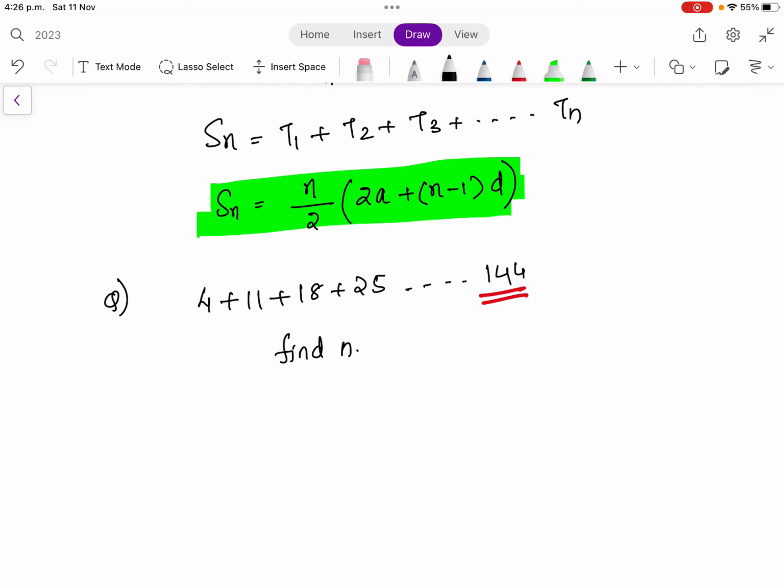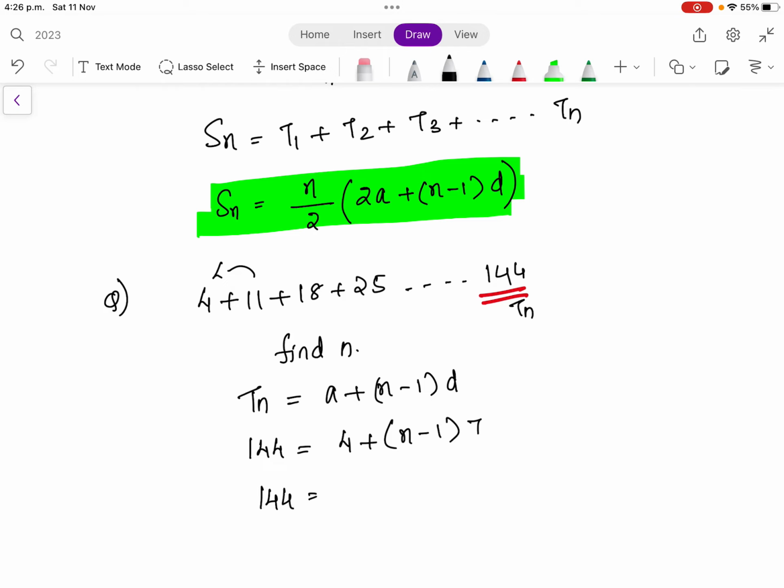How will you find n? We have the formula for Tn, which is a plus n minus 1 into d. So I can say that this is Tn. So 144 is equal to a, which is 4, plus n minus 1 into d. What is d? d is 14 minus 4, which is 7.